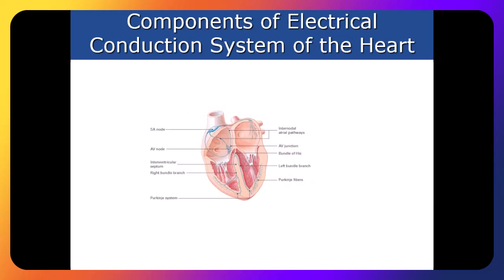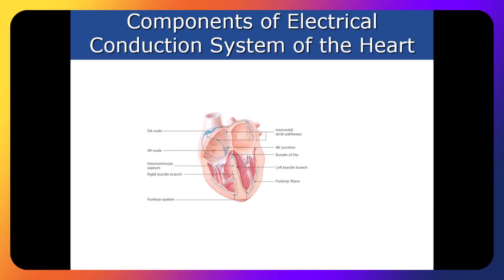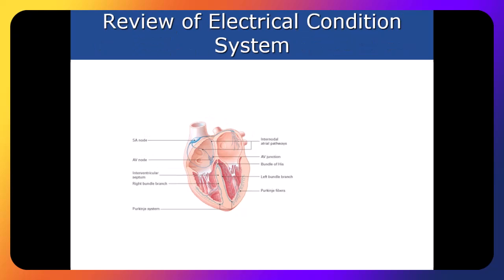Now, basically, let me get on beyond this. This is the area of tissue in which the impulse is going to begin to arise. Let's think about the normal progression of the impulse and what you see on the EKG.